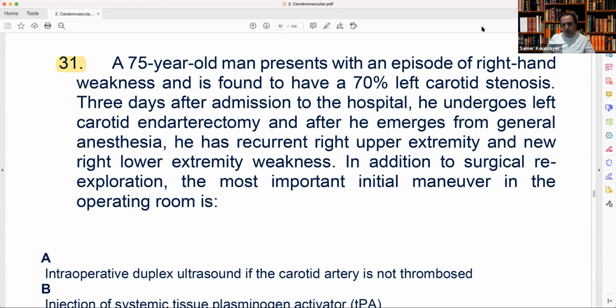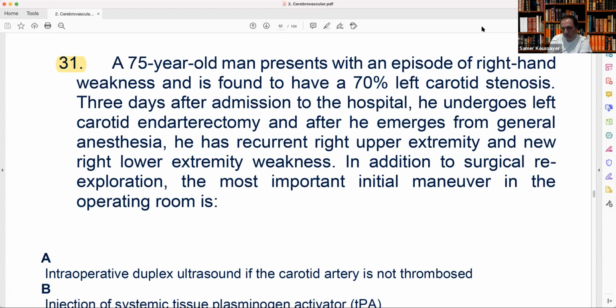They always tell you go and explore him right away. That is what they want you to do here. I do it a bit differently because I have access. Why do you want to explore right away? Because you want to rule out any thrombosis in the carotid artery, or a flap.